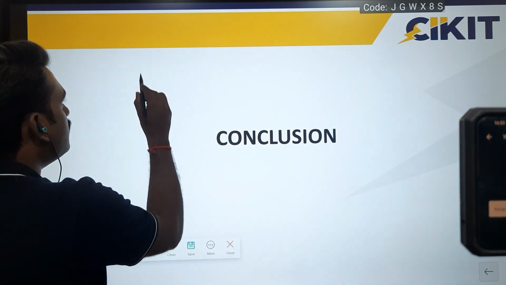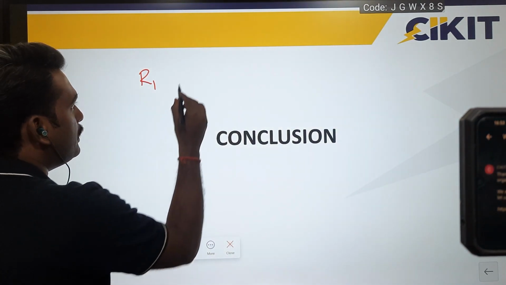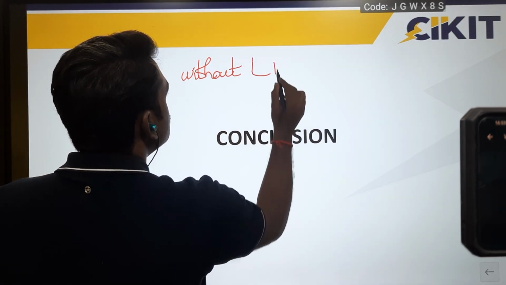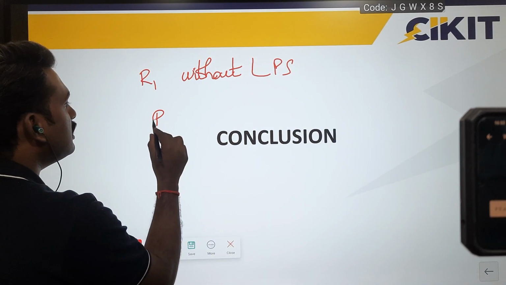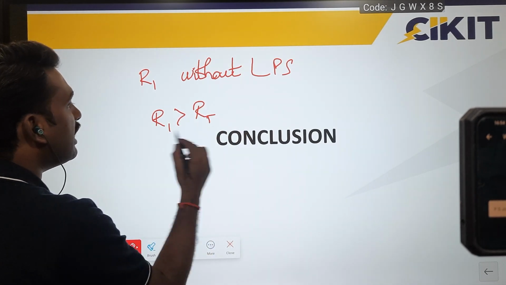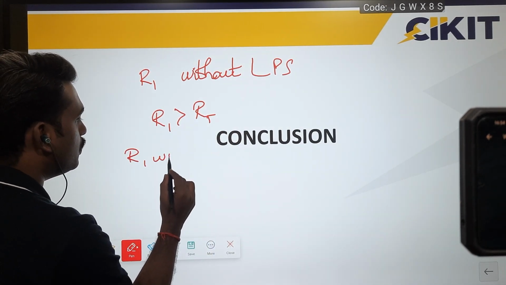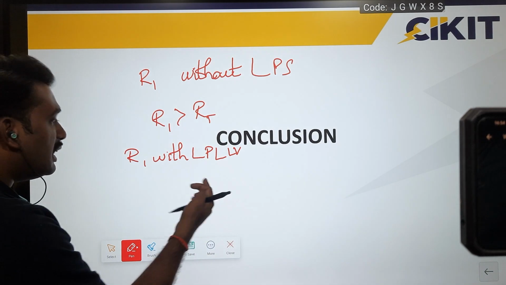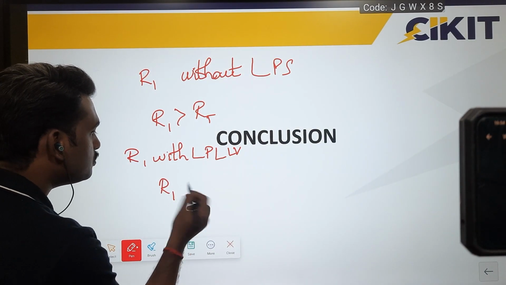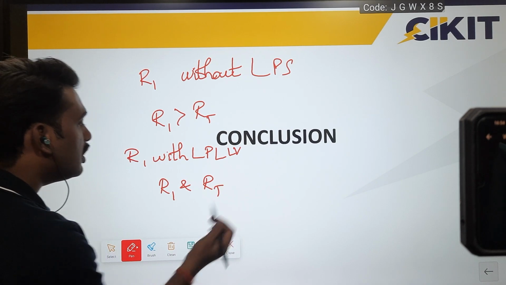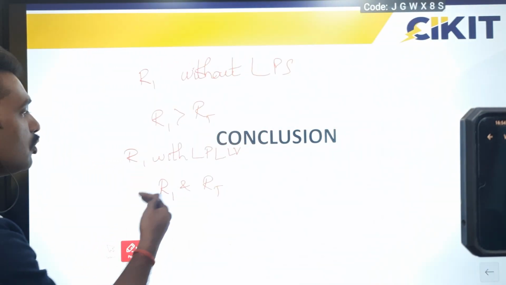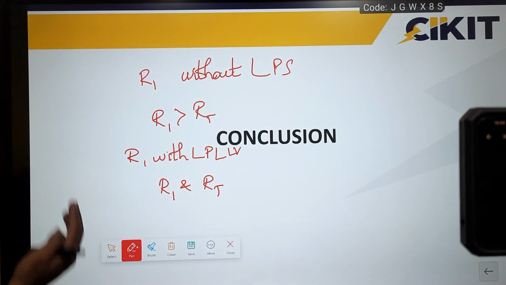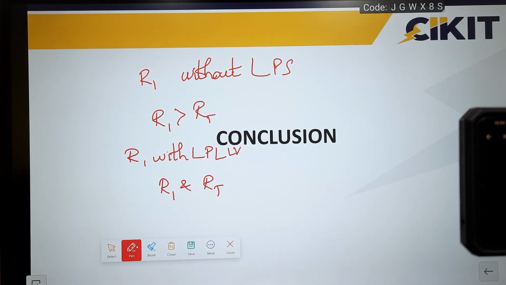The second question: how can I select the level of protection? First, I have to calculate the R1 value without LPS. If R1 is greater than RT, then I have to calculate R1 with LPL level 4 and compare it with RT. If R1 is still greater than RT, then I have to go for LPL level 3, and then level 2 and level 1 if needed.